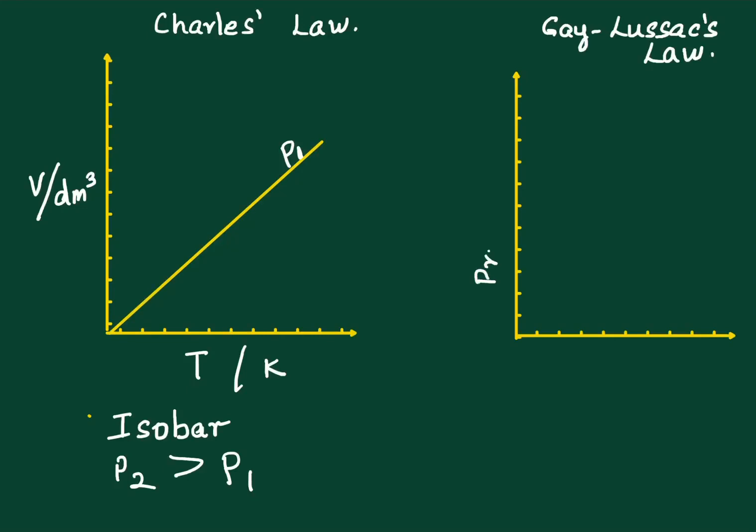So we have the pressure over here, which can be listed in bars or it can be listed in decimeter cube. There are various units. We have already spoken about those in video number 1. And we have the temperature over here and we are taking it in the thermodynamic scale, that is Kelvin.